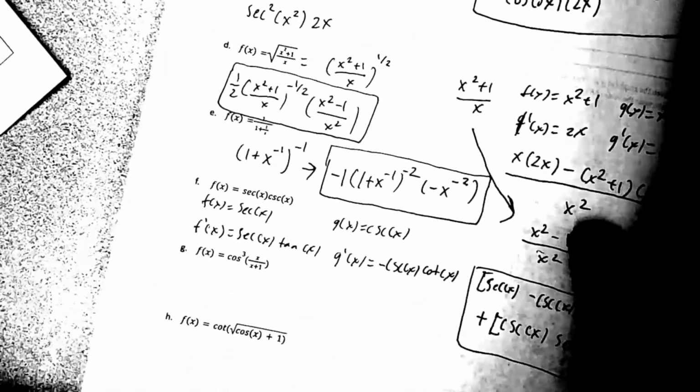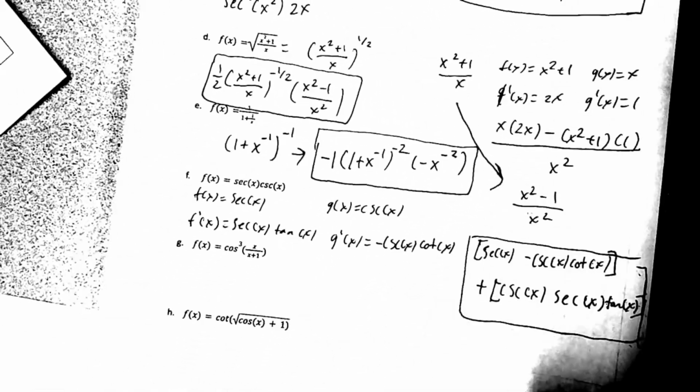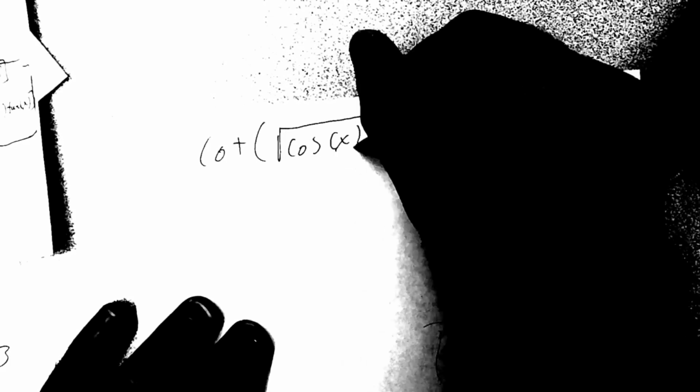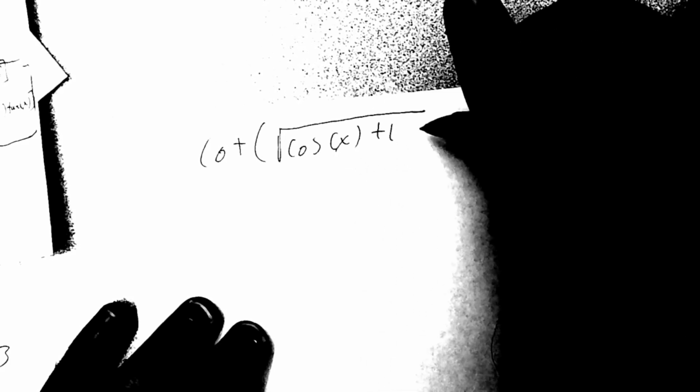Okay. The last one, H. I think this is going to be another separate page. I'm going to write out here cotangent of the square root of cosine x plus 1.